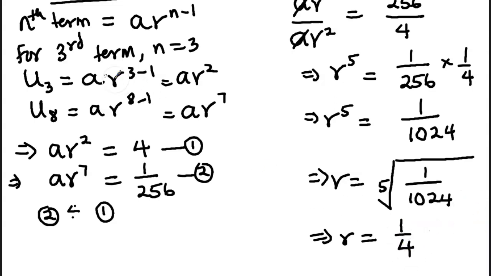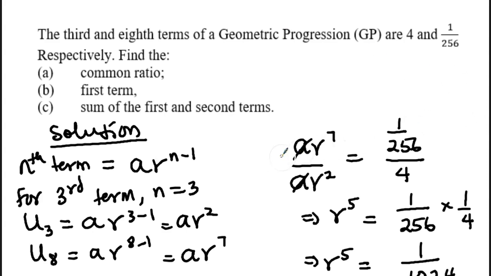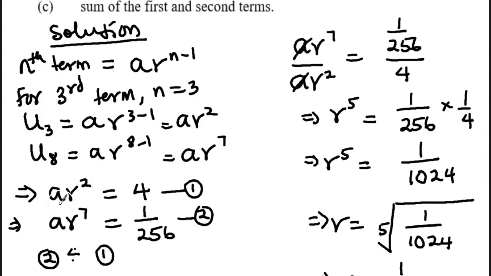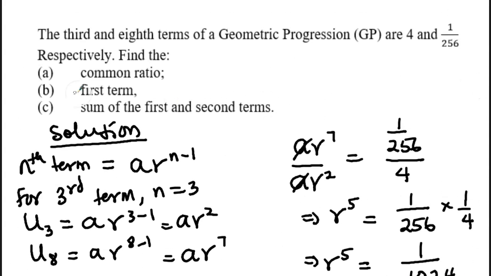That is the common ratio. Knowing the common ratio, we can put it in either of the two equations to find A. One equation is A R squared is equal to 4, then A R to the power 7 is equal to 1/256. Let's use the simple one.